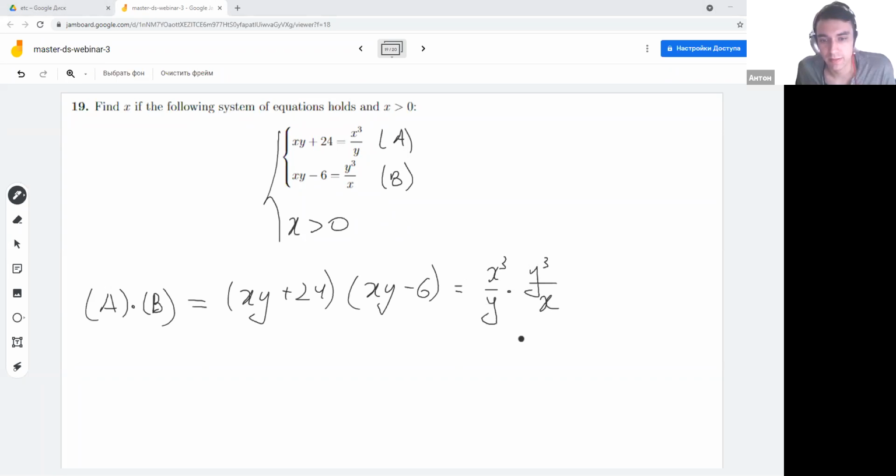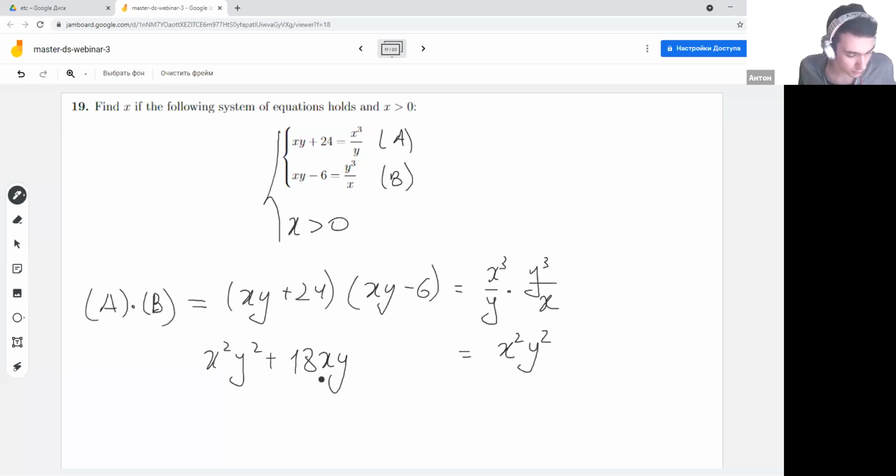So here we get x squared times y squared. And here we get x squared times y squared plus 18xy minus 144.